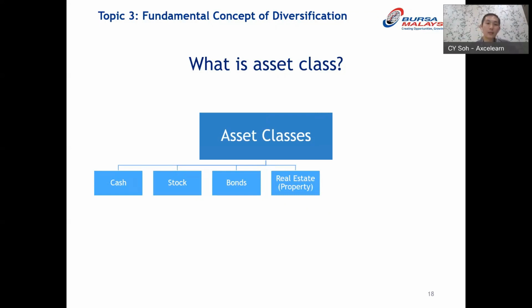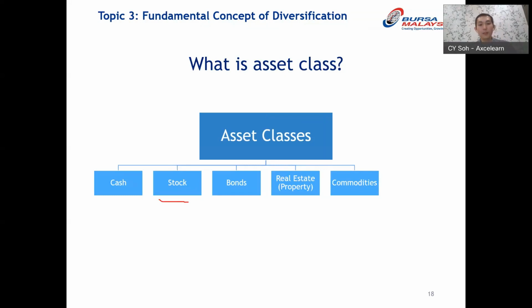And how else can you diversify your money? You can diversify into commodities. Earlier I shared that you can invest indirectly or directly into commodities. If you invest indirectly in commodities, you are still considered to be under the stock category, because you are still investing in stocks.